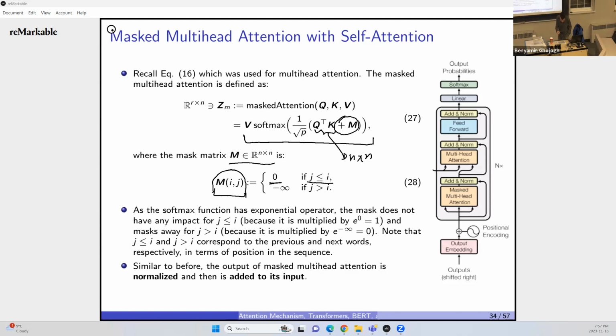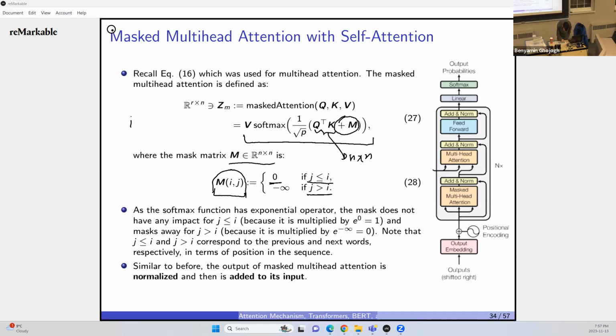Let me think whether it is the ith word to the jth word or the jth word to the ith word. Give me a second to think about it. Yes, ith word to the jth word.